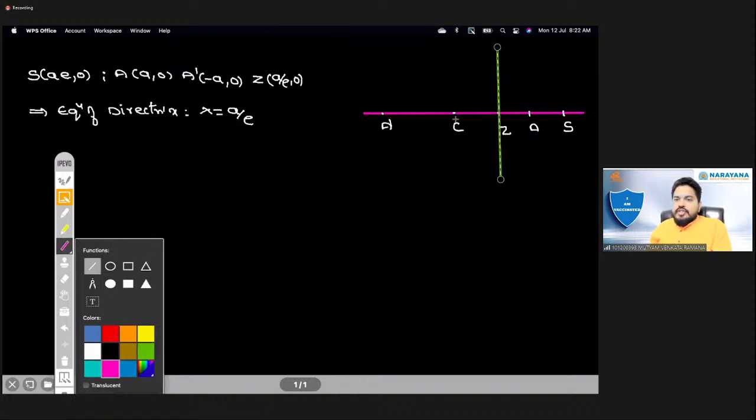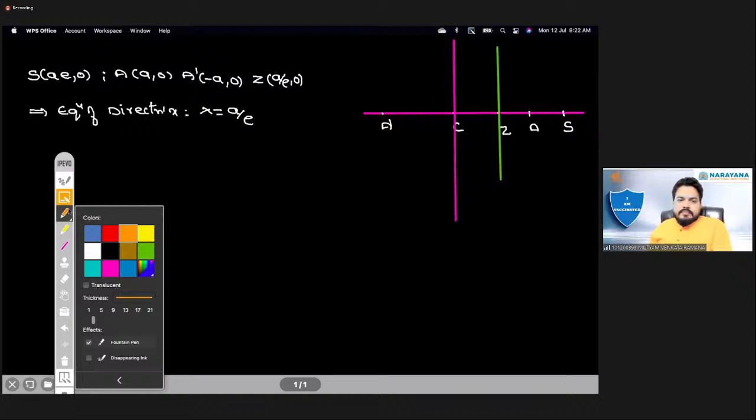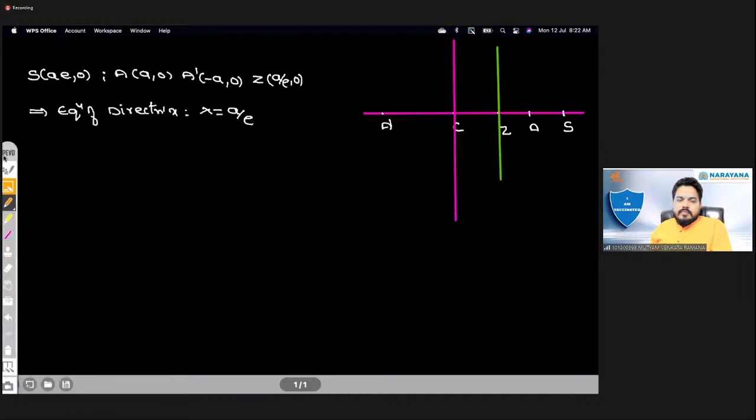And as usual, this is the y-axis. So now what I'm going to do is take a variable point P. Because now I got the directrix, I got the focus, I can write the equation.